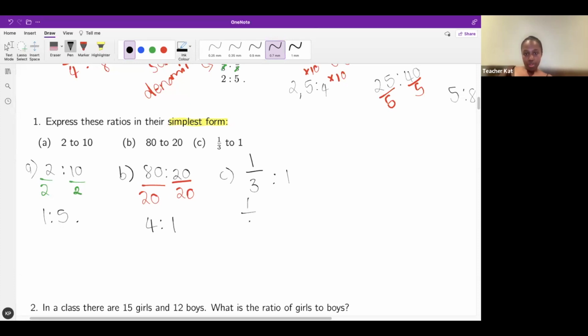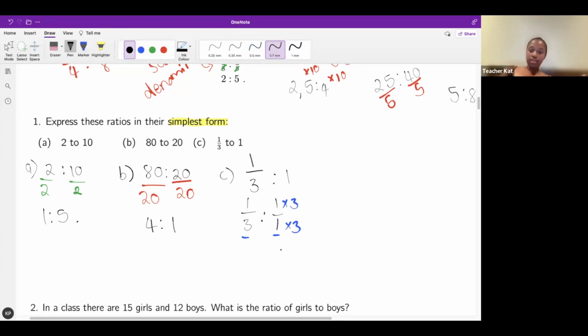So I have a third to 1 over 1. And now we have a problem because our denominators are not the same. What denominator are we going to use here to make these two denominators the same? We have a 3 and we have a 1. We can't use 1 because how are we going to get 3 to 1? We're going to use a 3, which means we must multiply this by 3. But what I do at the bottom, I must do at the top.